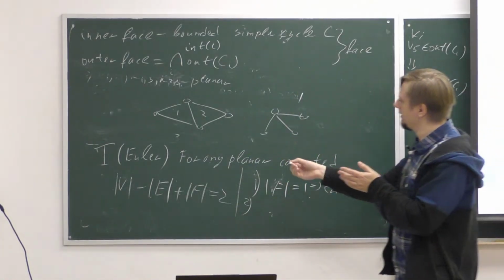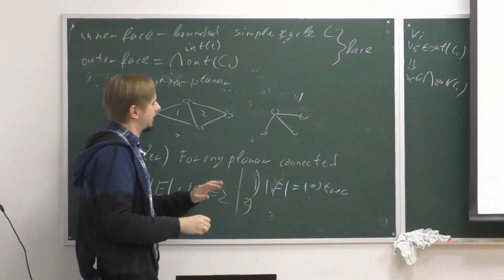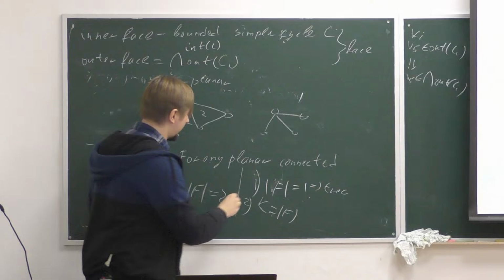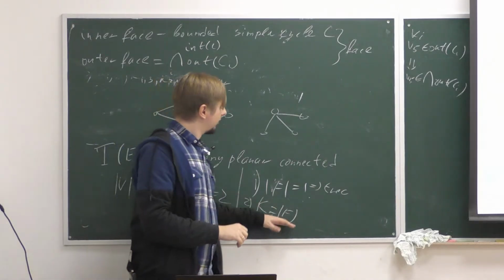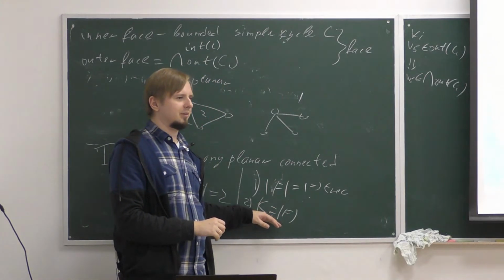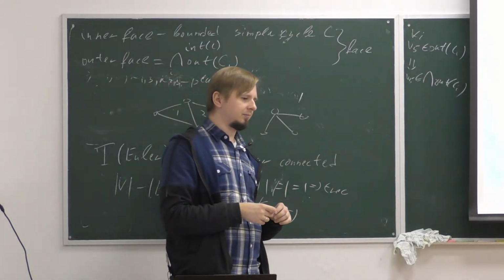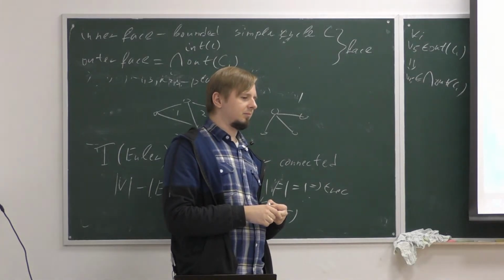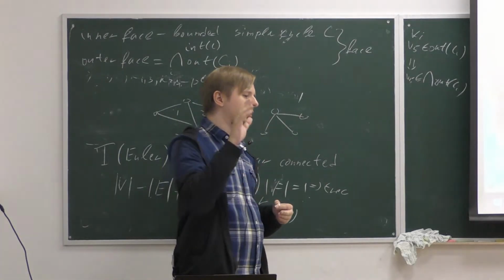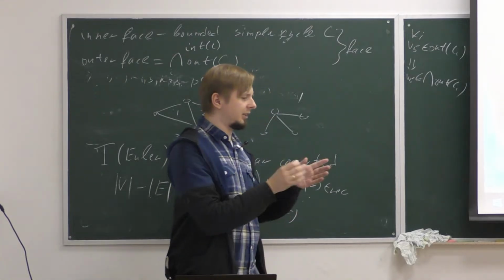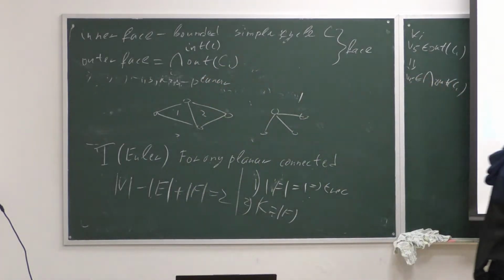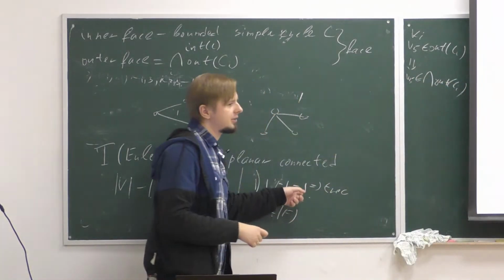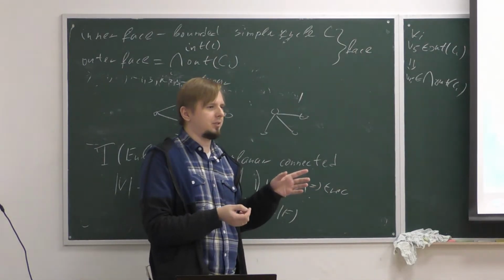If we know this theorem for all graphs with k faces, let's prove it for the graph with k plus 1 faces. We can consider the outer face, and if we have not just one face, then we also have inner faces.